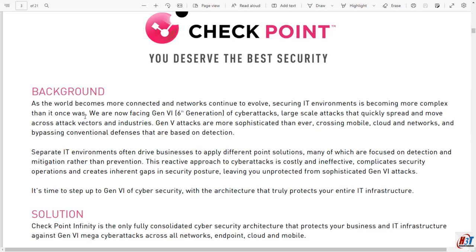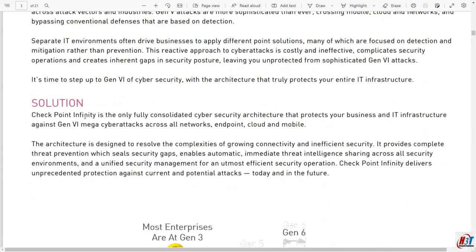Now we need a more sophisticated solution to handle these sophisticated attacks, right? And the solution here is Checkpoint Infinity. This is the only fully consolidated cybersecurity architecture that protects your business and IT infrastructure against the Gen 6 mega cyber attacks across all networks, endpoints, clouds, and mobile. The architecture is basically designed to resolve the complexities of growing connectivity and inefficient security.